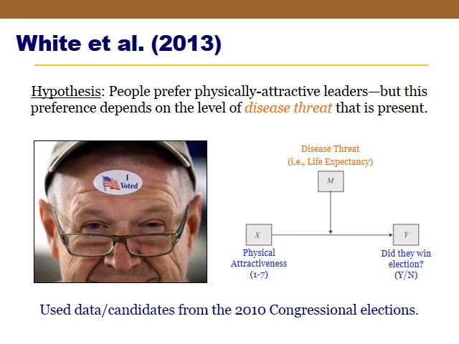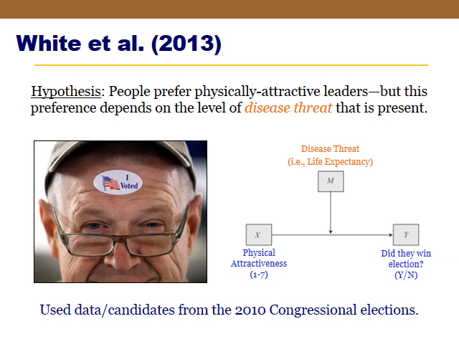They either won the election or they didn't. So if we were just testing this XY relationship, we would just use a simple logistic regression, where X is our predictor, physical attractiveness, predicting whether they won the election or not. And we talked about logistic regression a few weeks ago, and what we're doing today is not going to be all that different from that.